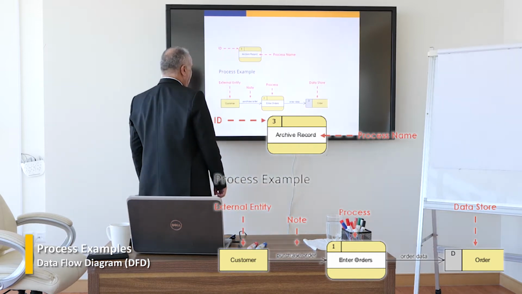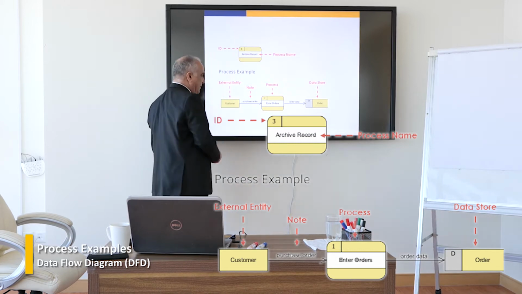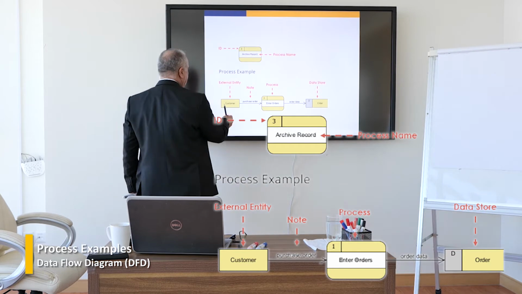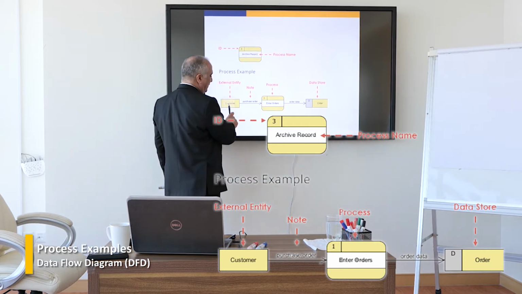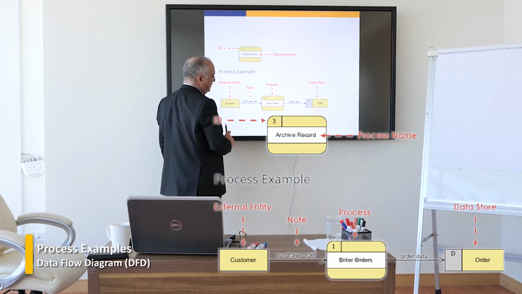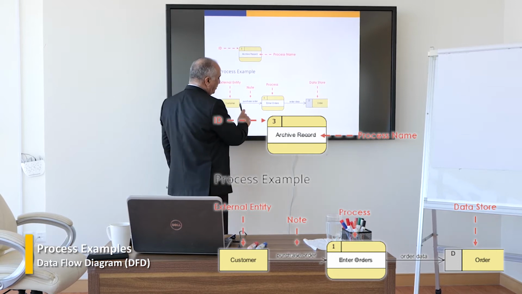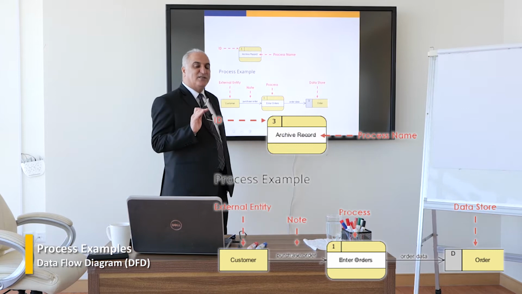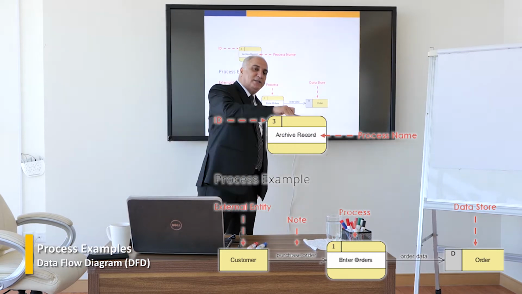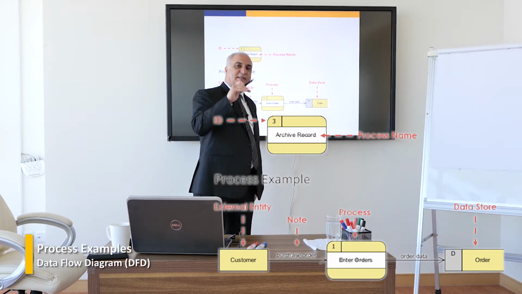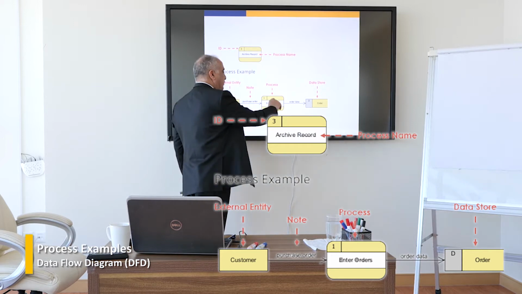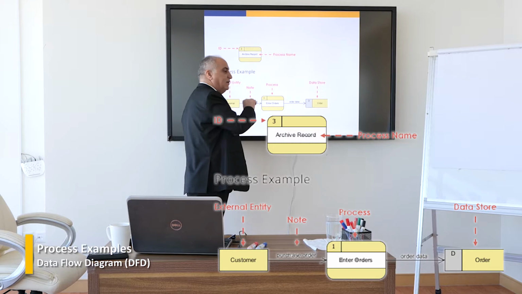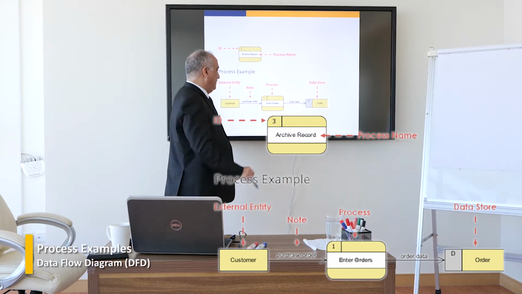In doing so, when you look at this one, you see very simple things. You see that the customer is placing an order, and the direction of the arrow means that the customer is entering the data into this process. So this is data getting into the process.